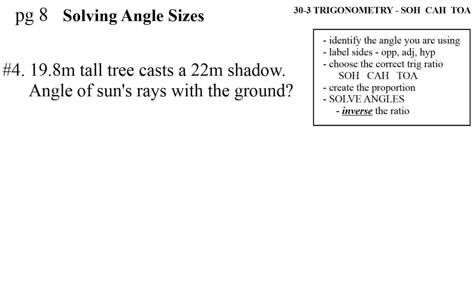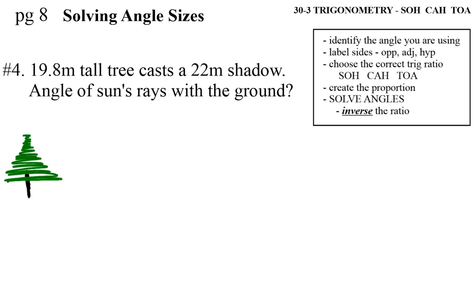Page 8, take a look at number 4. It's a bit of a word problem. Word problem means we have to have a what? A right angle triangle. So it starts off by saying we have a 19.8 meter tall tree. There we go.